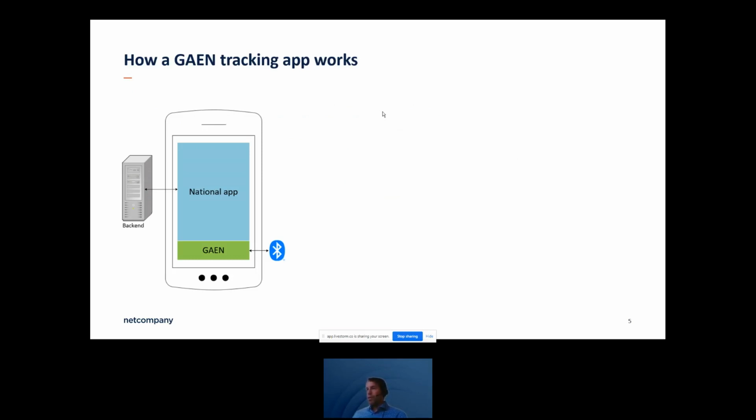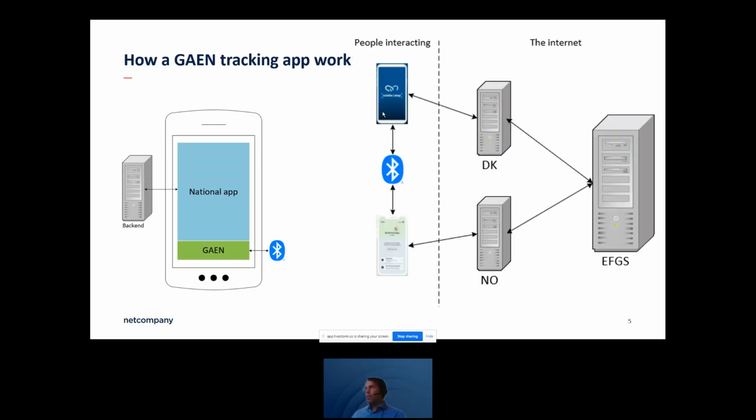So you get the key from the GAEN framework, and the user then shares it, or the app sends it, to the backend. This is in general how it works. When two people interact, based on a certain configuration, they share keys.